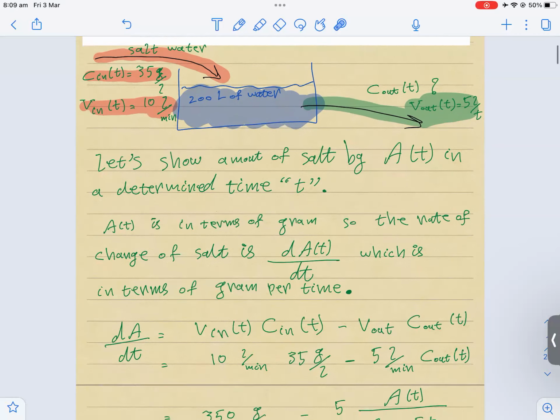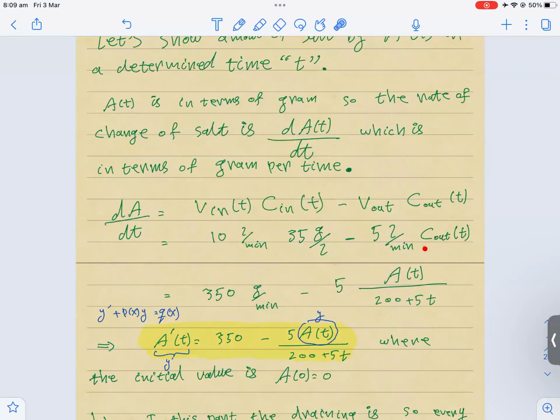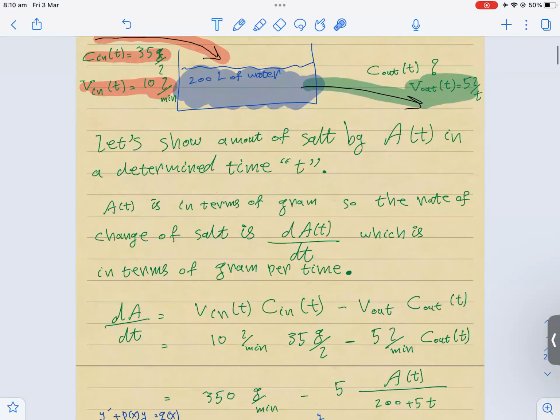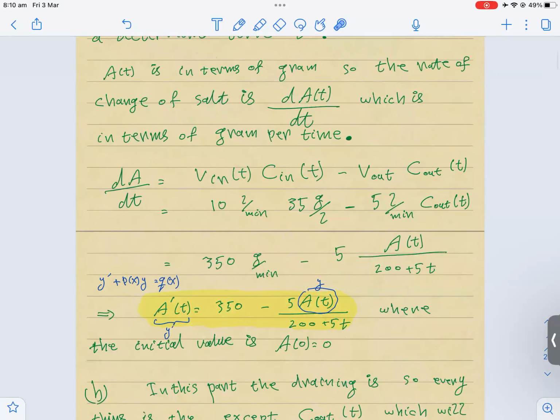But we just note that the definition of the concentration is the amount of the salt divided by the volume of the water. For the volume of the water, we had 200 liters already, and since 10 liters are coming in and 5 liters going outside, the difference is 5 liters per time. The volume of the water increases, so I have to write 200 plus 5t.